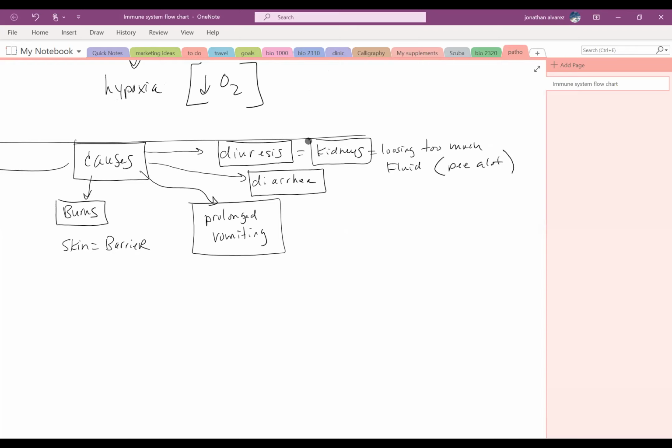And when that happens bad enough, you are now in hypovolemic shock. The vomiting and the diarrhea thing, you have to use a little bit of intuition on that because that is actually part of our innate immune system.